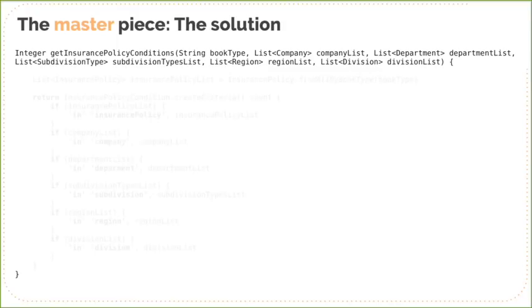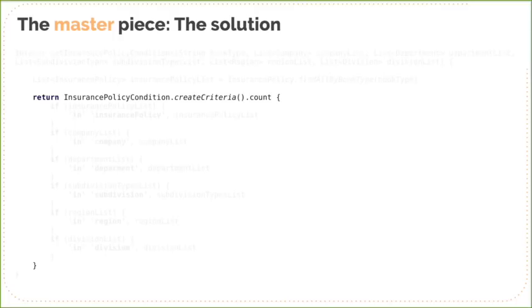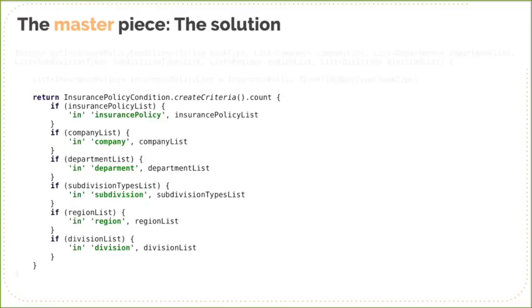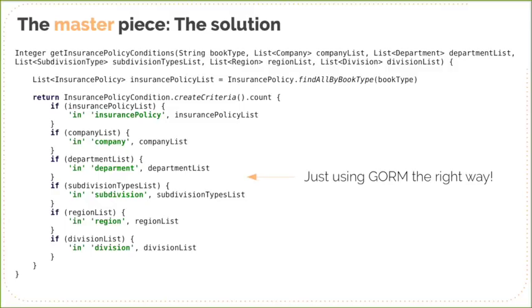I don't know why, so I didn't want to change all those places. The only thing I changed in the signature was the return type to integer, because we are returning the count of the elements. Then I use domain class dot create criteria dot count, and inside this criteria, what I did was something like this. If company list, I add a new condition. Then I did the same for all the parameters, and that's all.